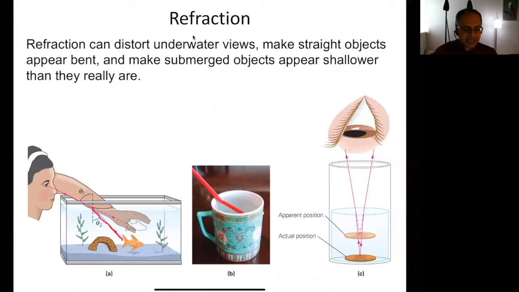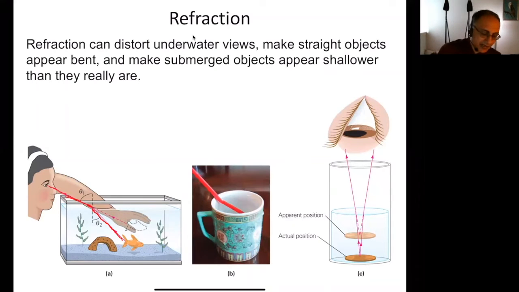Then it hits the air-water interface, and as a result of refraction, it bends away from the normal and goes to the person's eye. Now, we'll see in the next chapter that our eyes are not very good at following bent paths of rays. So our eye can't deal with the fact that the ray has changed direction.